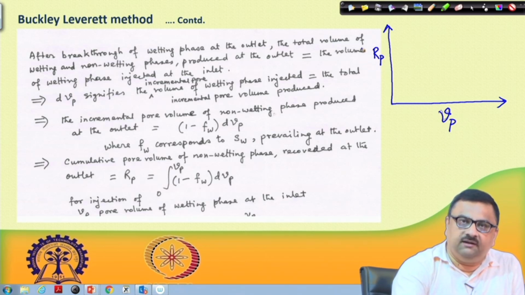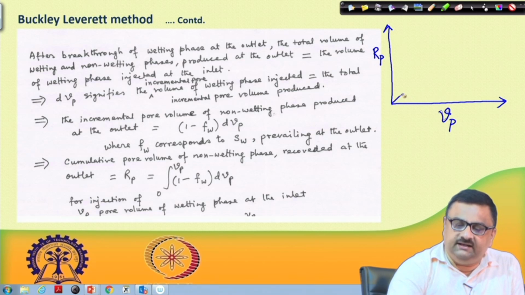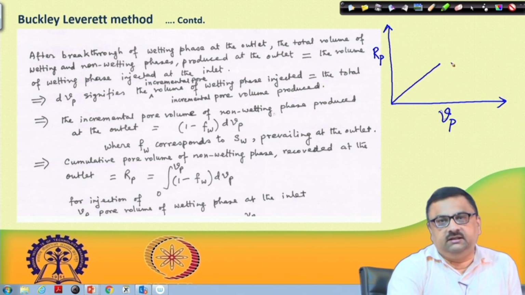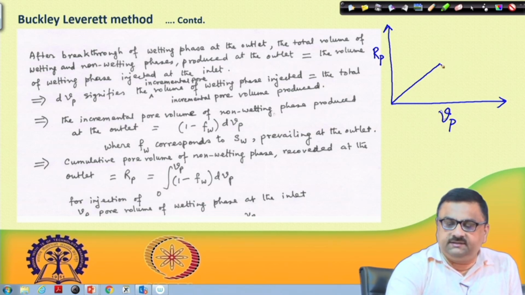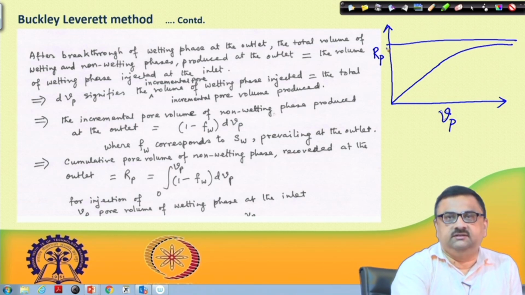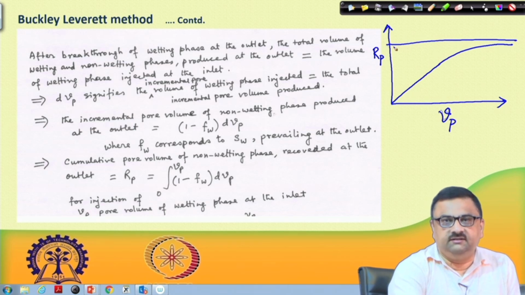We said that initially this would be a 45-degree line until the Buckley-Leverett front breaks through at the outlet, and beyond this point it will take a turn and asymptotically reach a limit which is already set based on the residual oil saturation.